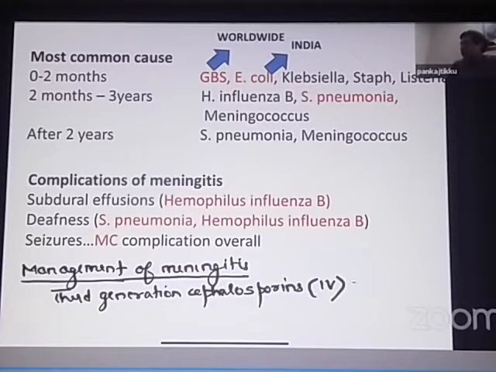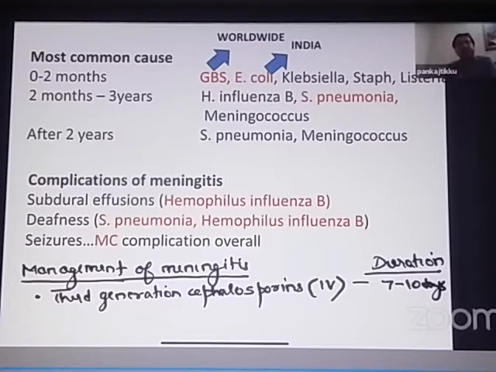And for how long are they given? They are given for a total duration of about 7 to 10 days. So it depends. Some children by around 7 days, meningitis features can end. Sometimes the antibiotic needs to be given for 8 days, sometimes for 9 days, sometimes for 10 days. So total duration of antibiotic is usually 7 to 10 days.